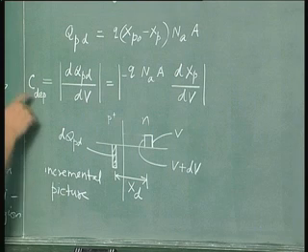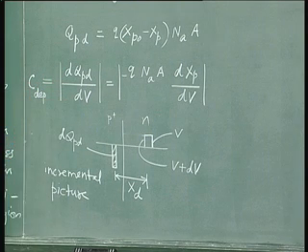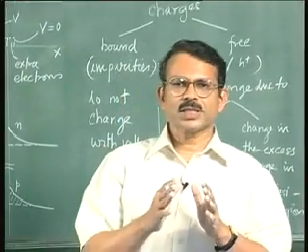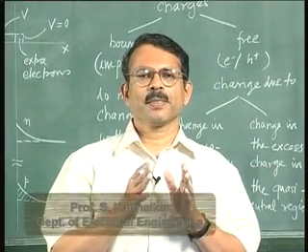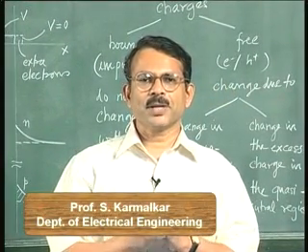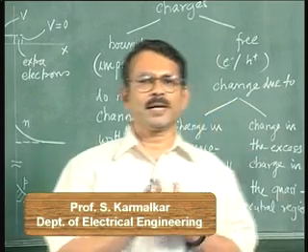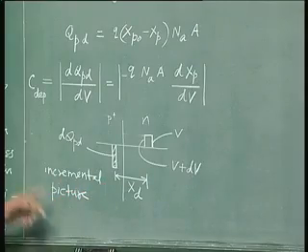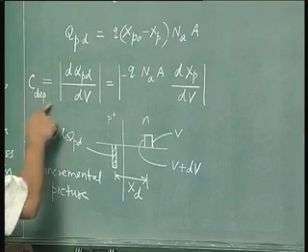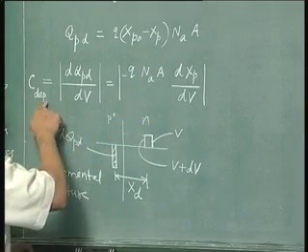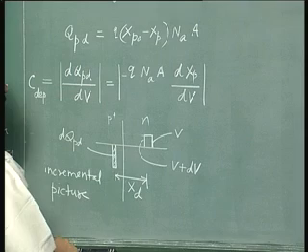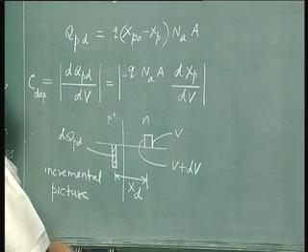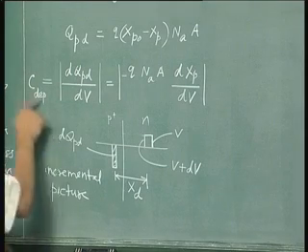because we are interested in incremental capacitance, which is dQ by dV. So the incremental picture of the changes in charges at the edges of the depletion layer is similar to that of a parallel plate capacitor, the distance between the plates being XD. So we can very simply write this particular capacitance, that is the depletion capacitance.